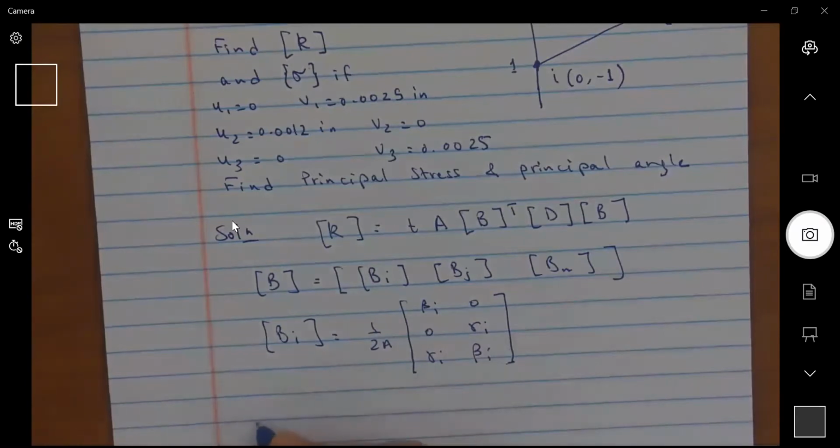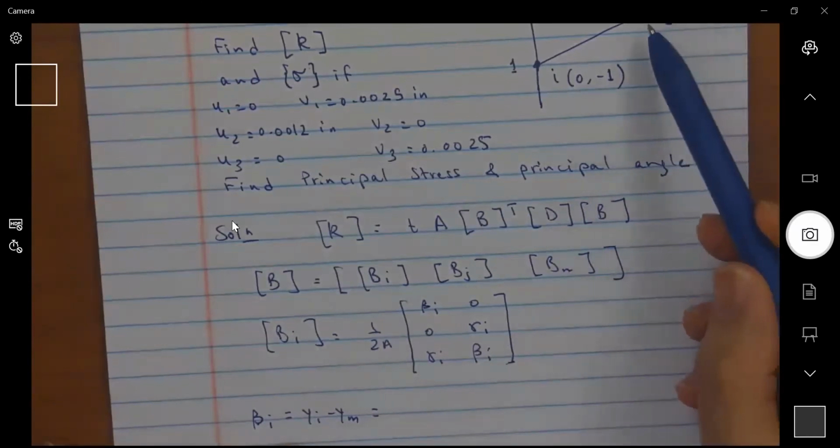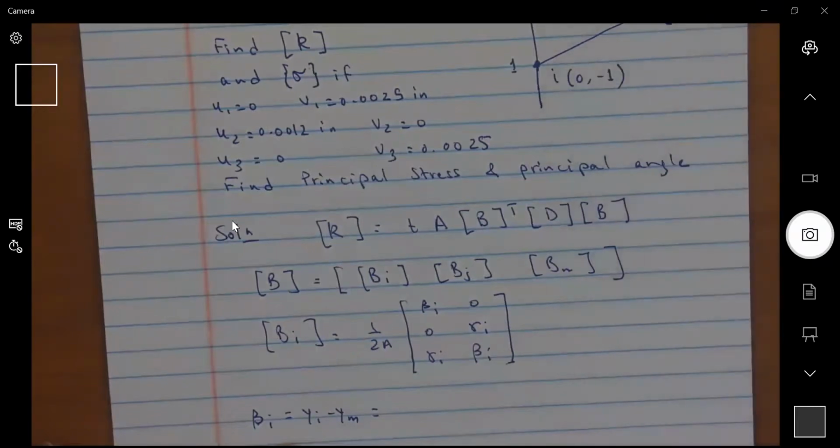So if I start with these, we've already identified beta I as equal to yi minus ym. And these are based on the coordinates of the nodes, where I is the first node.